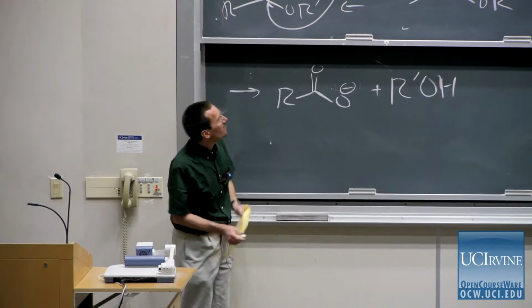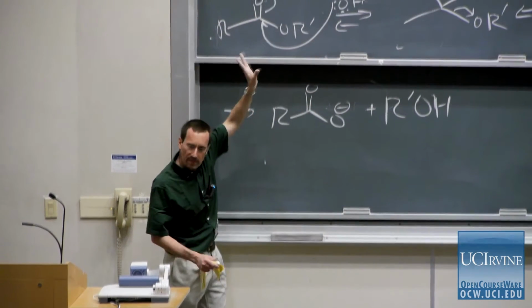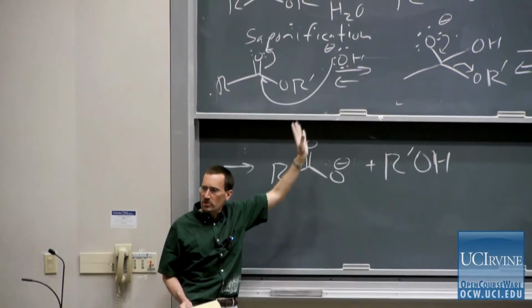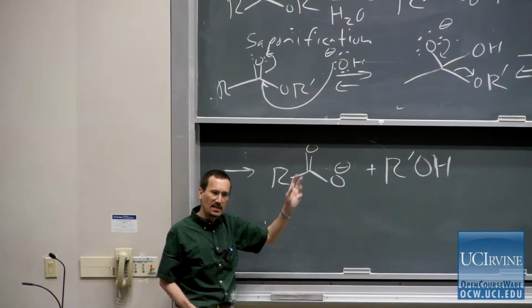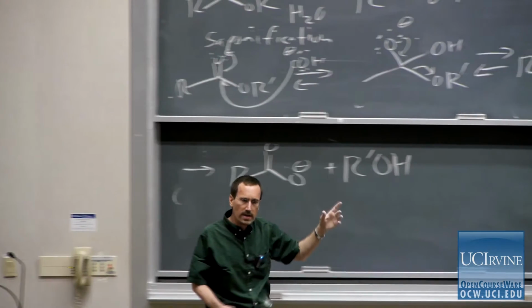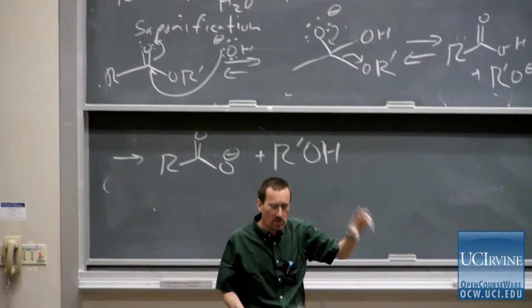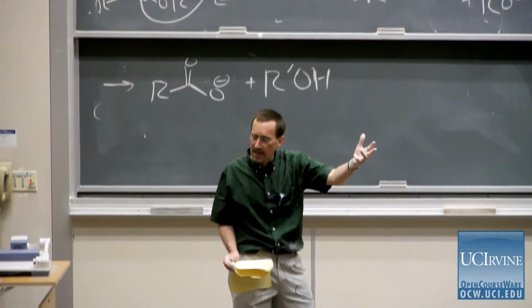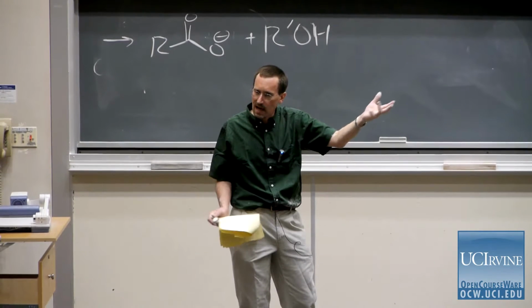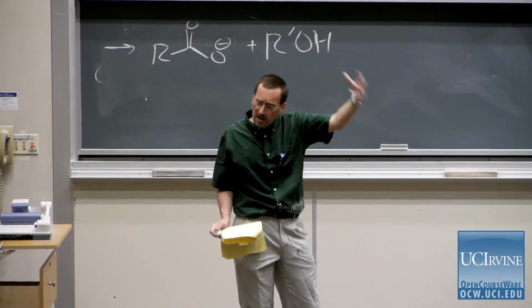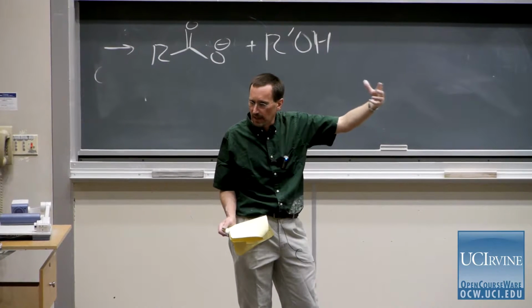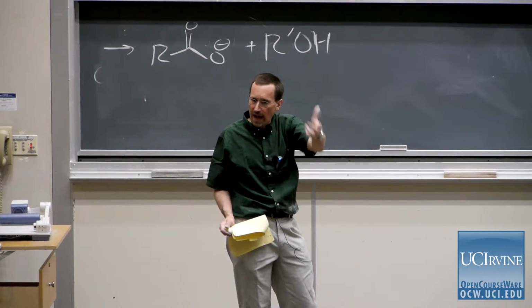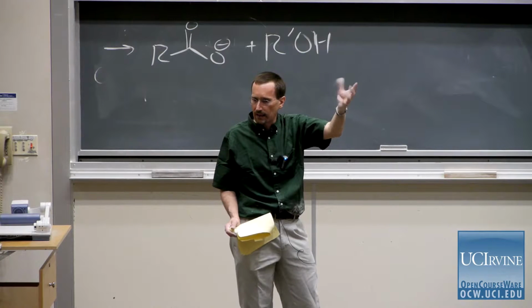And in a preparative sense, if I carry out this reaction in the laboratory, and I want to isolate my carboxylic acid, a very common laboratory procedure is to saponify an ester with sodium hydroxide, then wash the aqueous layer that contains the carboxylate salt with ether to remove the alcohol and any unreacted ester.